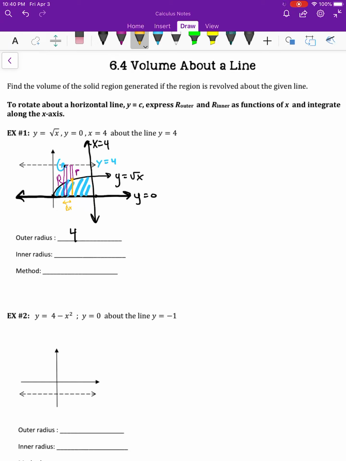So we are going to be integrating in terms of x. But notice that this is the y value of the function. The part we need is 4 minus that y value. So this is going to be 4 minus the square root of x, because our y value for that function was the square root of x.